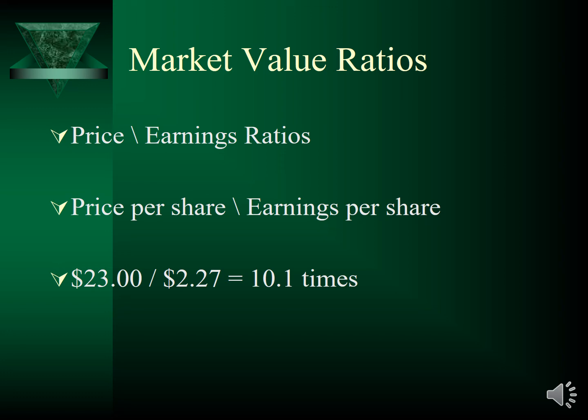So what it means is that the investors are willing to pay 10.1 times to earn $1 of earning in the company. This ratio shows the investors' confidence and trust in the management of a company.